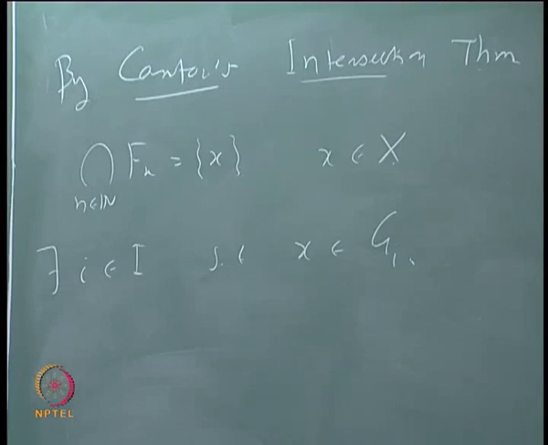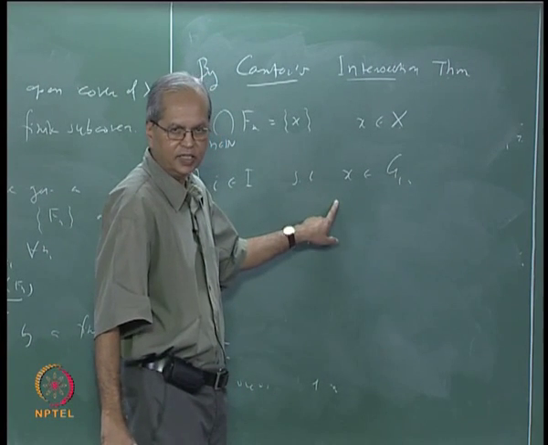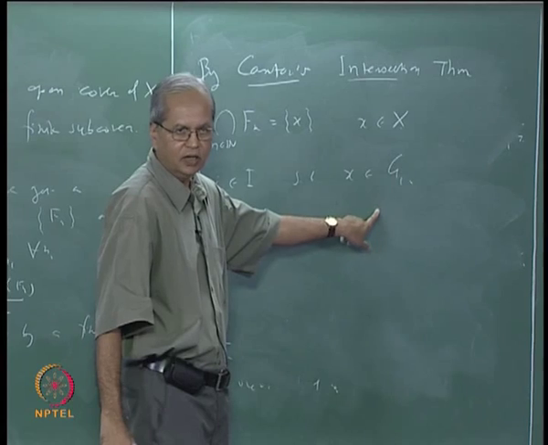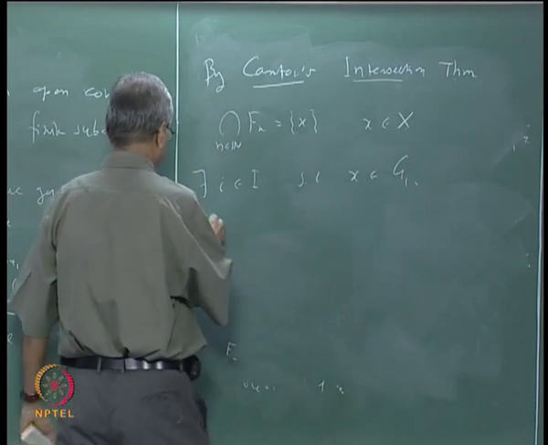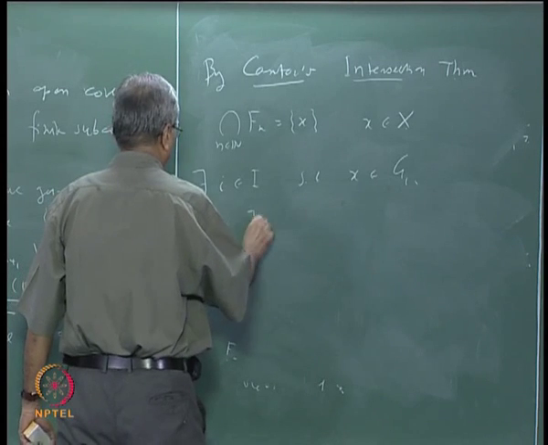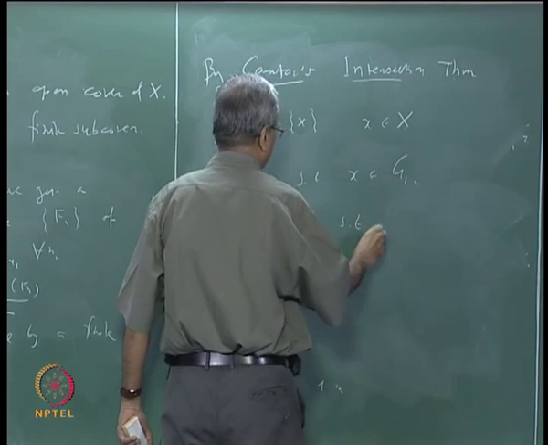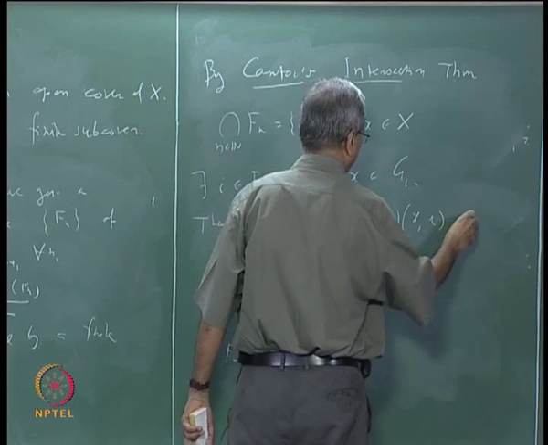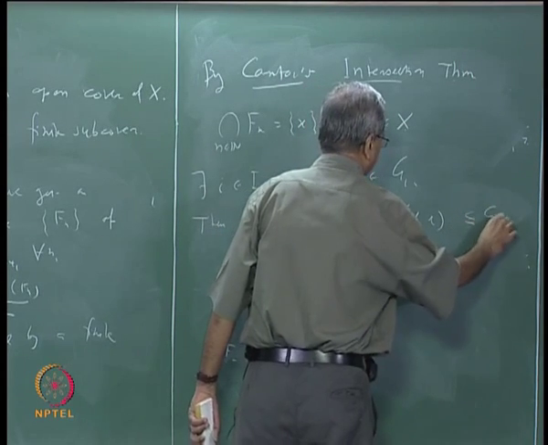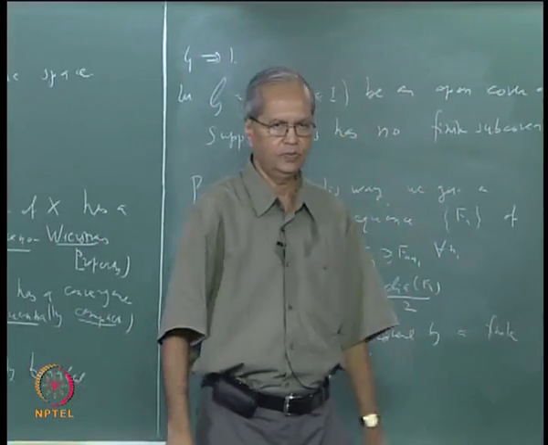So if x belongs to G_i, there should exist some r such that the open ball with center at x and radius r must be inside G_i. So there exists r bigger than 0 such that the open ball with center at x and radius r is contained in G_i.